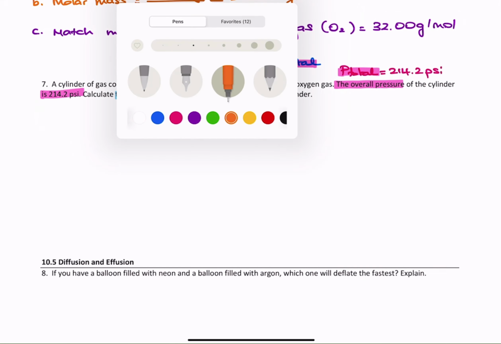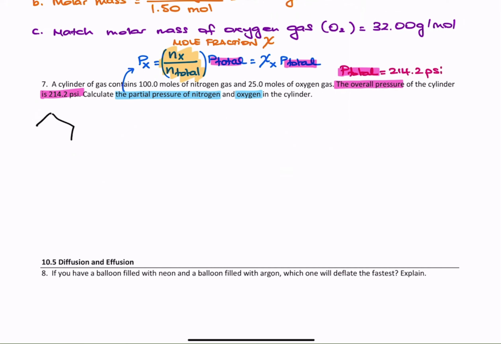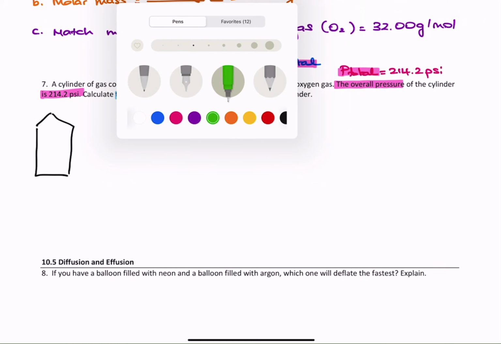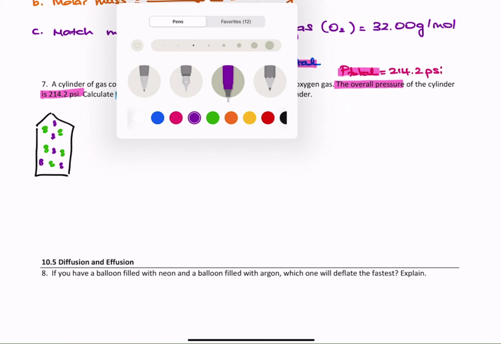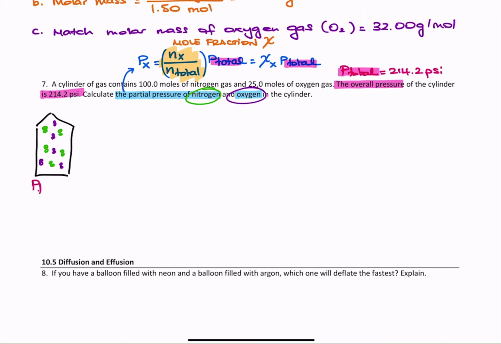So let's draw a picture again. Here is my container. It contains two different gases, nitrogen and oxygen. This container has a total pressure of 214.2 psi.